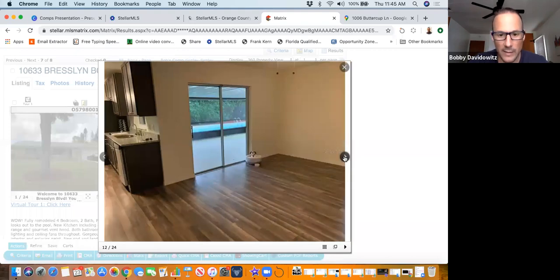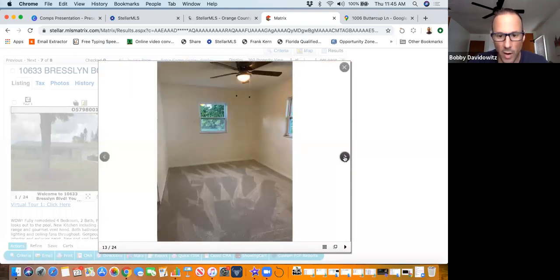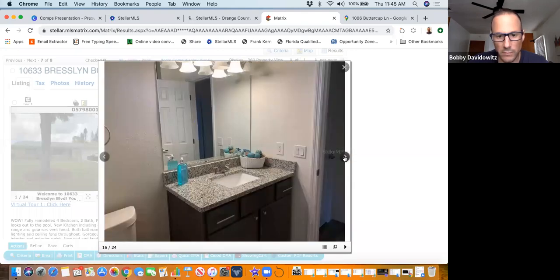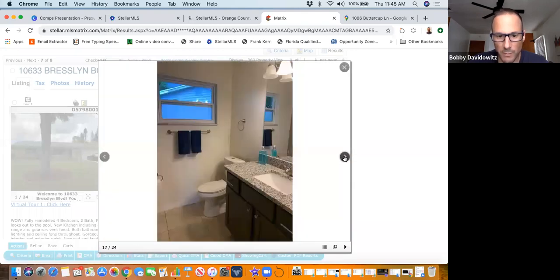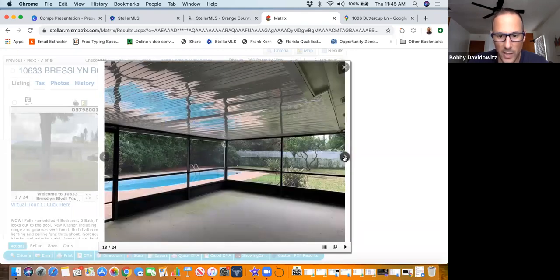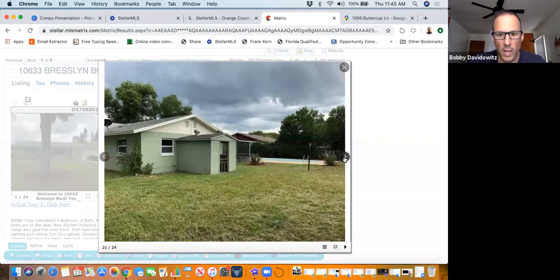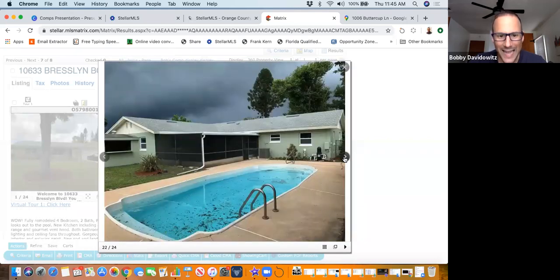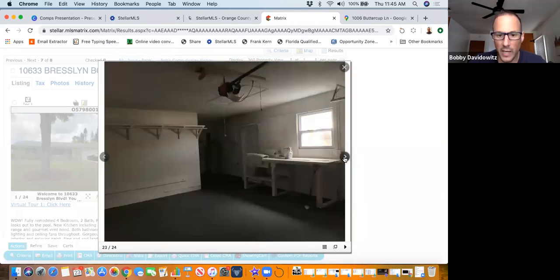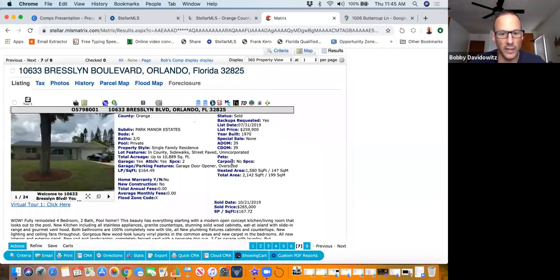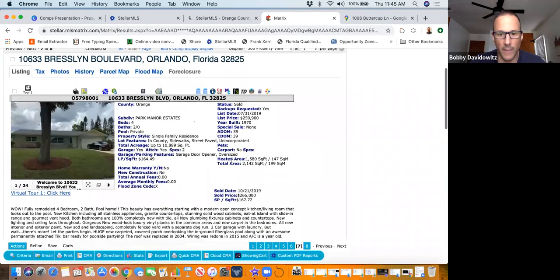So this is nice: carpet, nice bathrooms. They obviously replaced the countertops, a nice little outdoor area, and then a little pool. This is a pretty nice home. I like it. It looks to be a little bit nicer than ours, but I don't know.